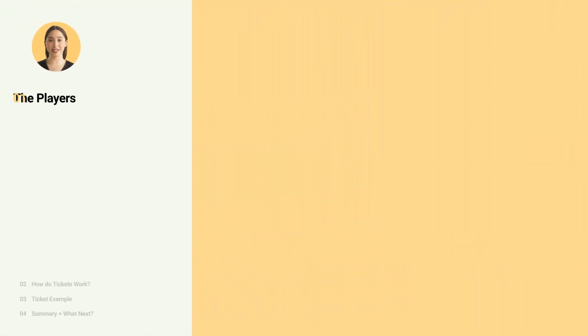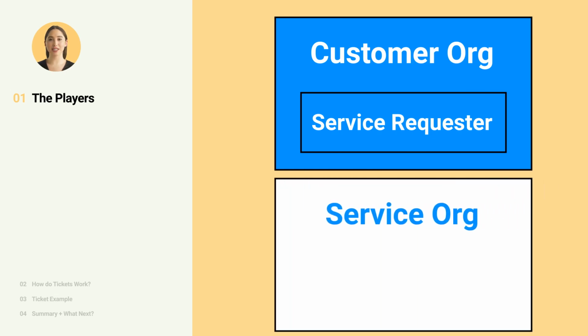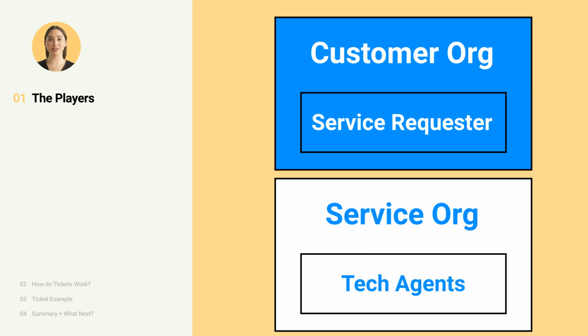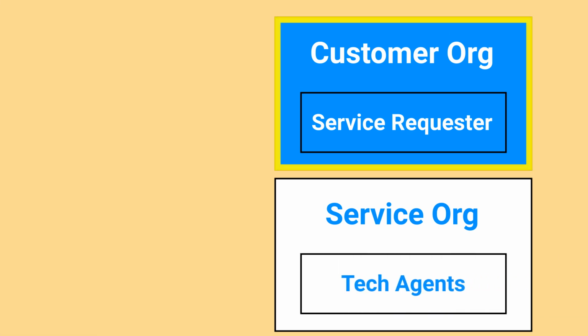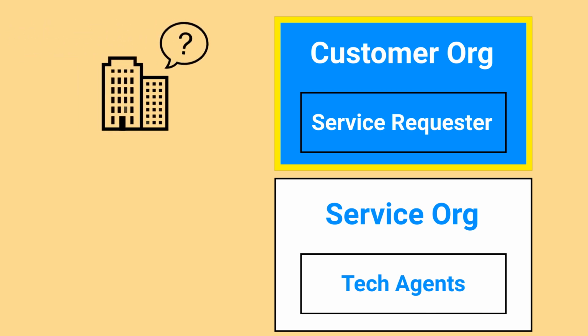When it comes to ticketing, there are four key players: the customer organization and the service requesters who work within the customer organization, and the service organization and the tech agents who work within the service organization. First, let's talk about the customer organization. The customer organization serves as the primary entity seeking IT support services. This could be a business, institution, or any entity utilizing IT infrastructure.